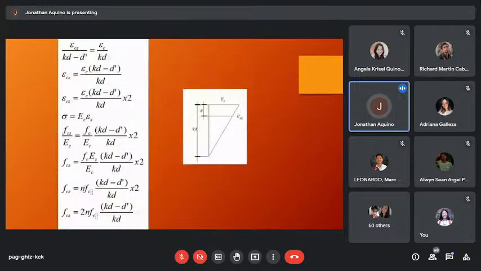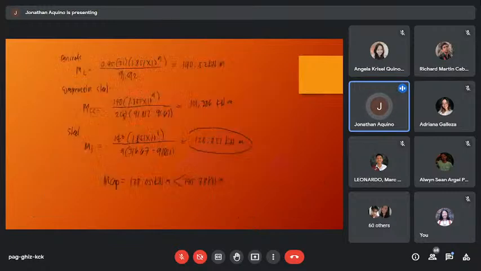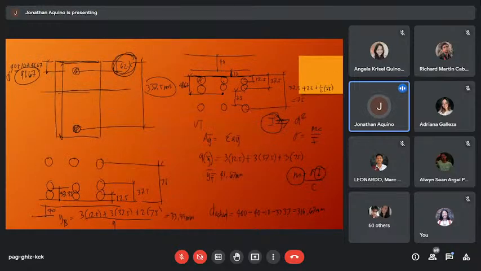So pag nag-add tayo ng another bars, okay. So let's say gawin nating siyam na bakal. So walang problema dun sa concrete. Pasado yung concrete natin, compression steel pasado. So ang kulang lang natin yung tension reinforcement. So pag nag-add tayo ngayon dito ng bakal, gawin natin 9.